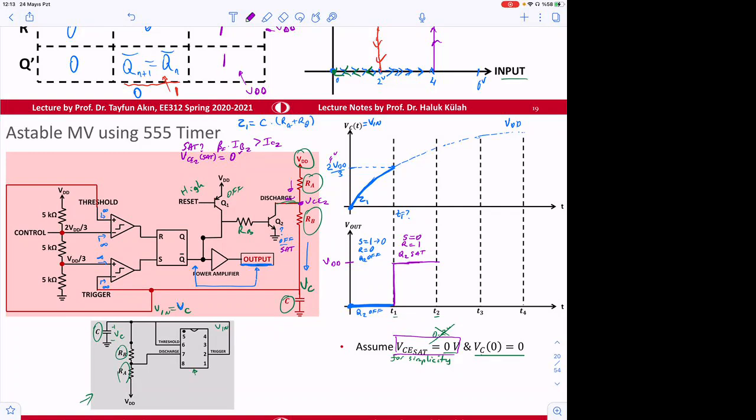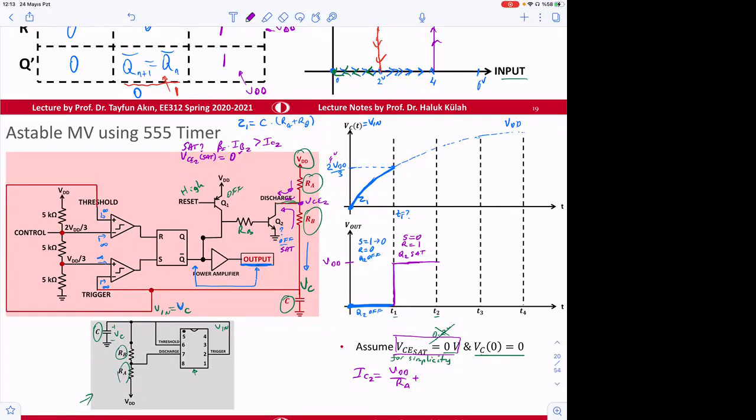So then there will also be current through here. We need to add them up. And IC2 is going to be equal to VDD divided by RA plus, what?